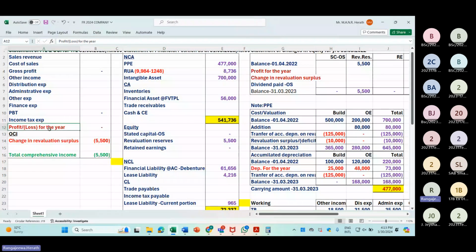So you can have the income tax expense for the year: 9,000 for the current year, and 300 under provision for the last year.